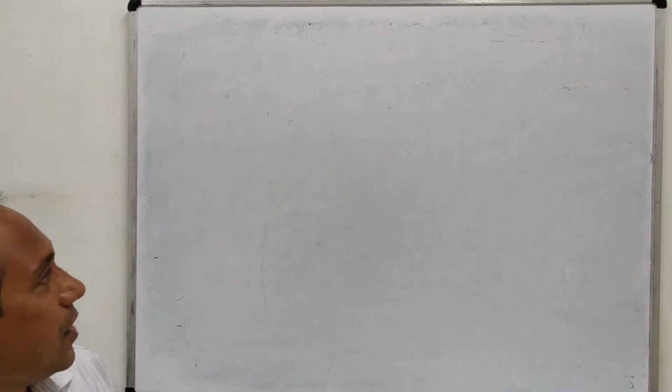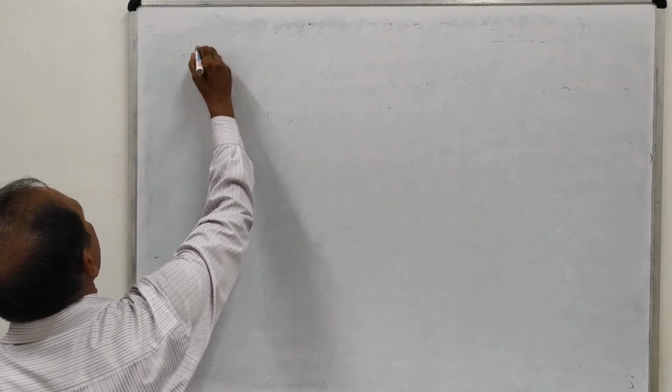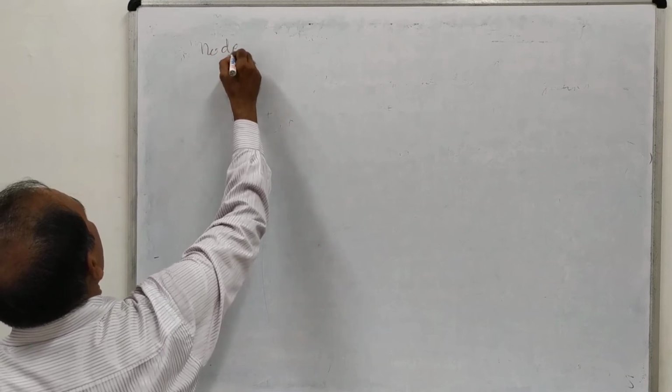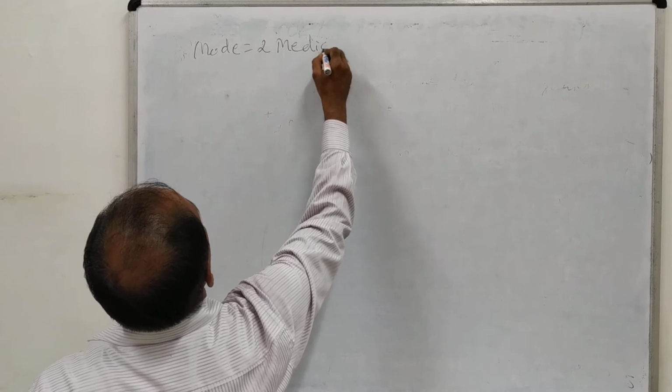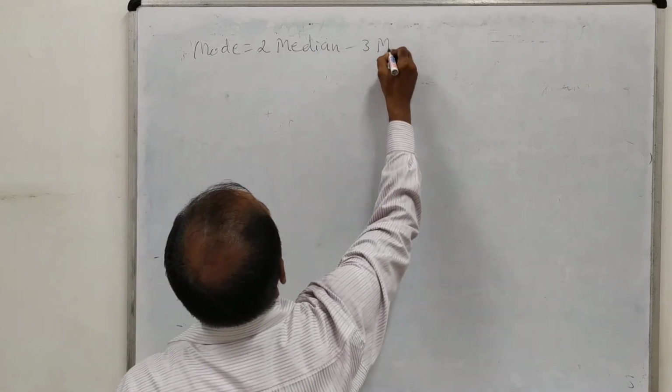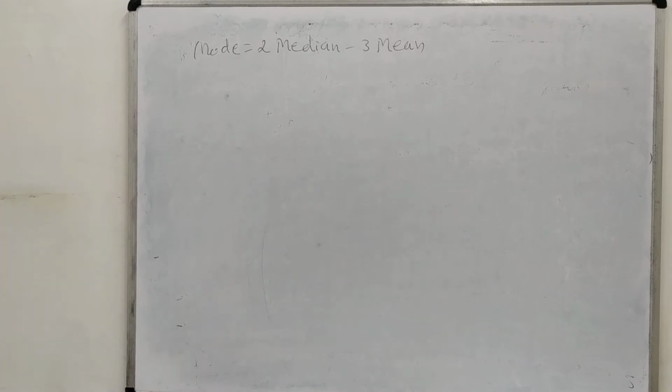So there is a relation between mean, median and mode. So mode equal to 2 median minus 3 mean. So this is the relation between mean, median and mode, you can see.